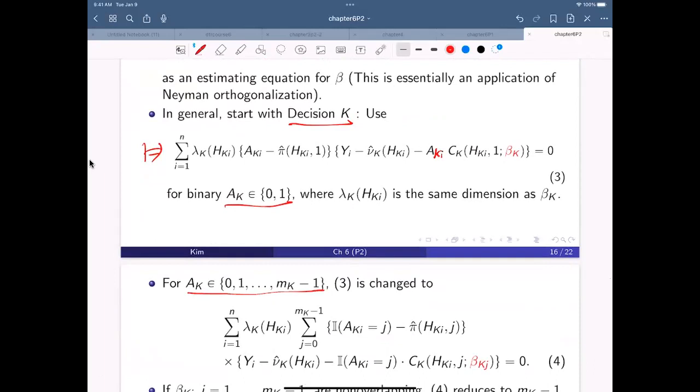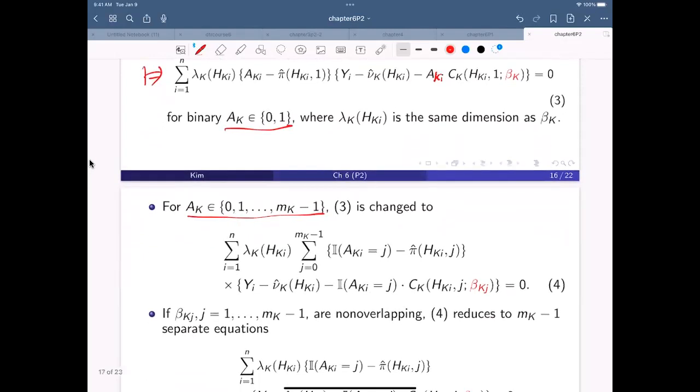So 0, 1 through mk minus 1, so you have mk of them. That means that instead of this one, you use the indicator function and subtract the probability of this event, right? The probability of this event is this one, so that this expectation will be 0.